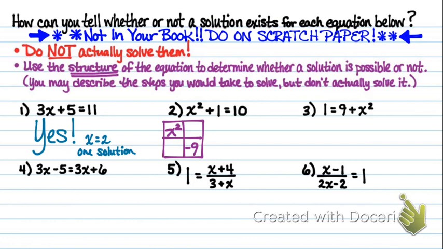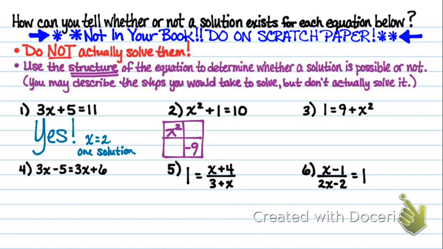So then the question becomes, could you find two numbers that multiply to give you negative 9, but when you add them together, they cancel out? What two numbers would multiply together to give you negative 9? Negative 3 and positive 3 would do that. So it is possible for us to come up with this.